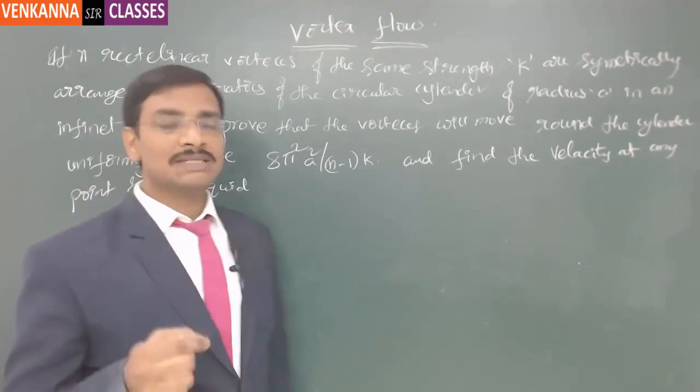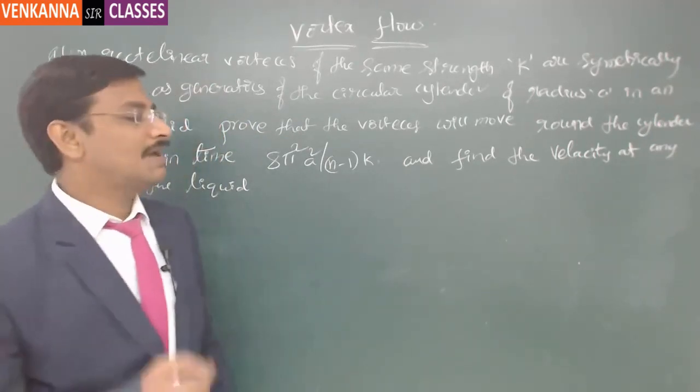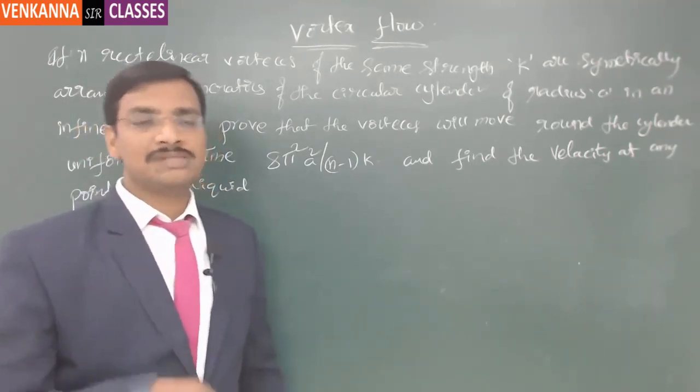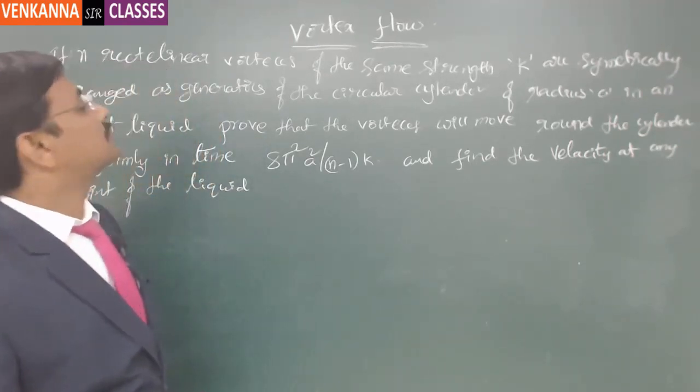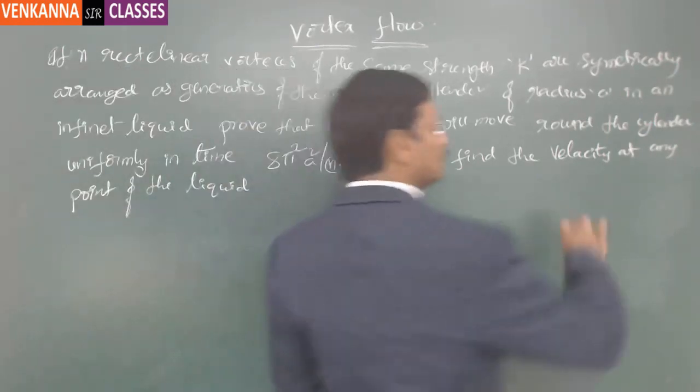Now n such rectilinear vortices are there, all distributed in such a way as generators of the circular cylinder of radius a. That means there is a circular cylinder.